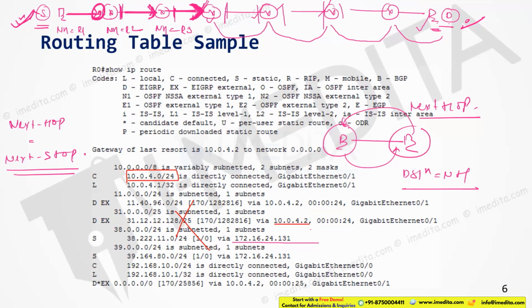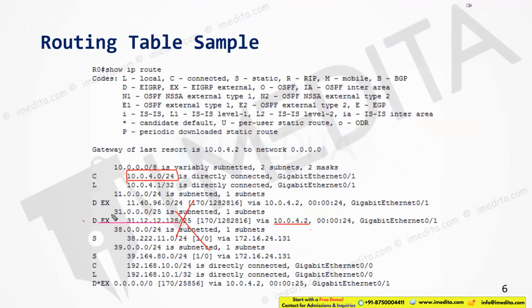For example, in our case, maybe we have configured a static route, and while configuring the static route, we have given the next hop ourselves. Or when the route is learned via protocols such as EIGRP, then the next hop information is derived automatically. So this next hop information is going to be there.